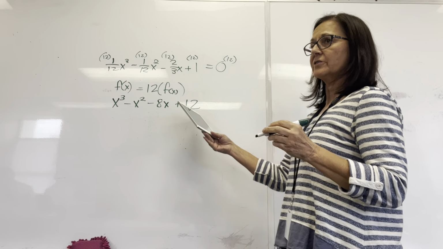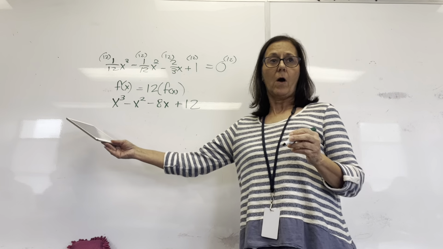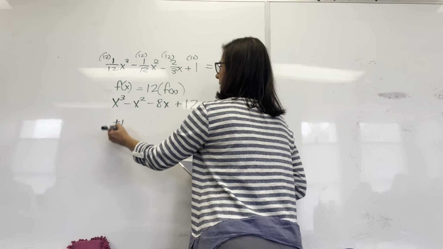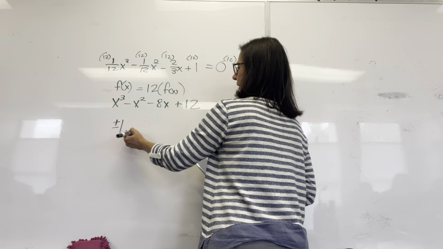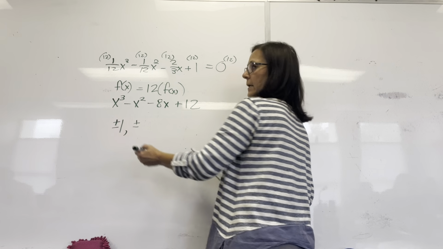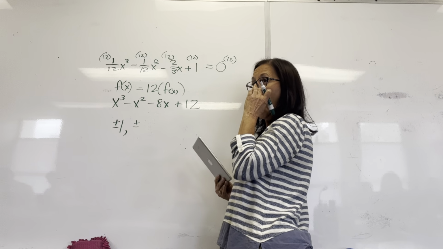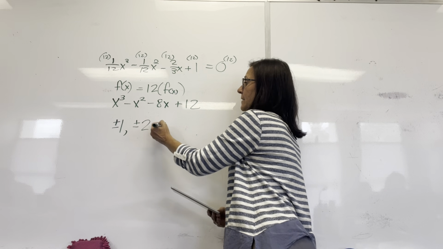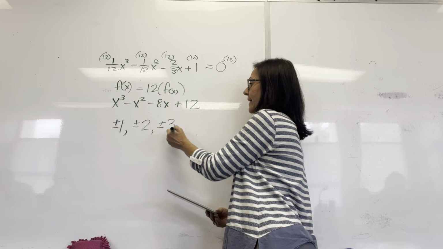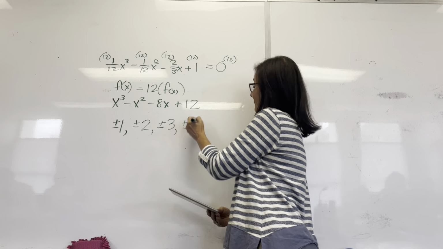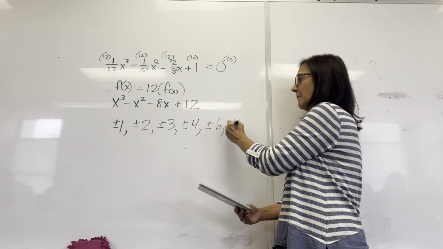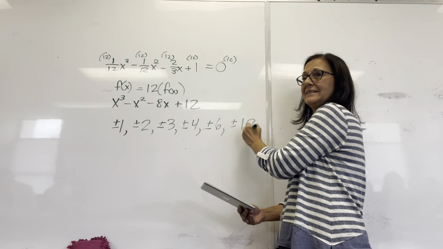Now we're looking at factors of 12 over factors of 1. So it's plus and minus 1, plus and minus 2, plus and minus 3, plus and minus 4, plus and minus 6, plus and minus 12.